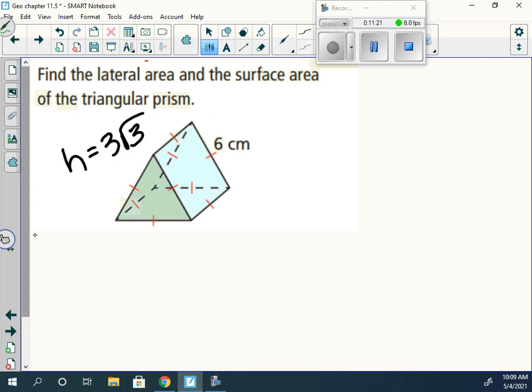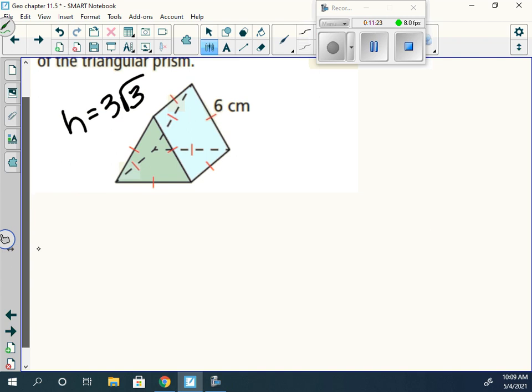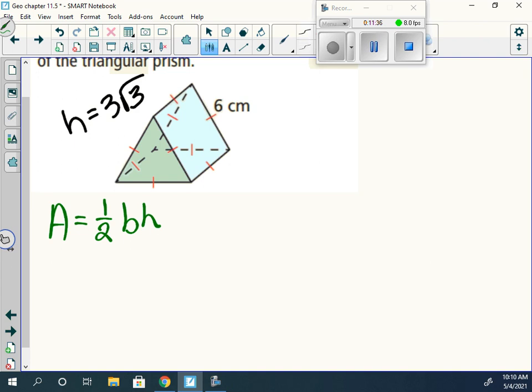So what we need to find is the area of the bases and the area of the lateral faces. Since we said the bases are triangles, the area formula for a triangle is 1/2 base times the height.